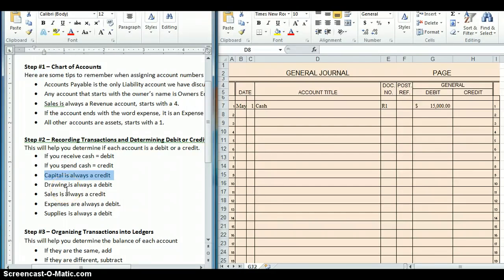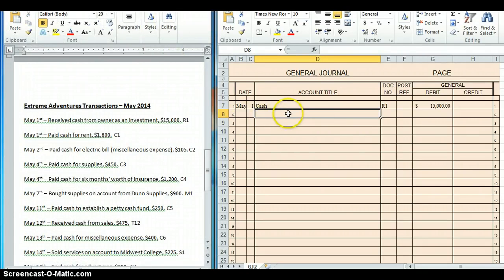The drawing account is used whenever they take money from the business. In this particular transaction, the owner is giving us money, so it's a capital. And on my cheat sheet it says capital is always a credit. That works out because that's what I need over here is credit.